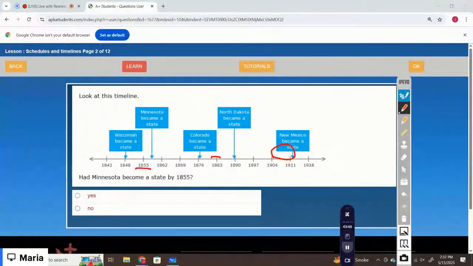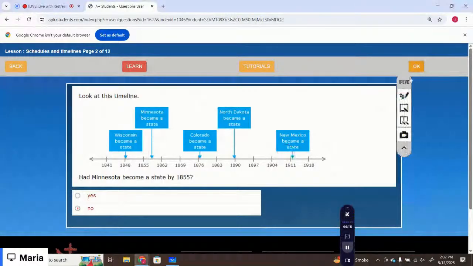So the correct option is no. The question is had Minnesota become a state by 1855. So the correct option is no. Option number two is the correct option.